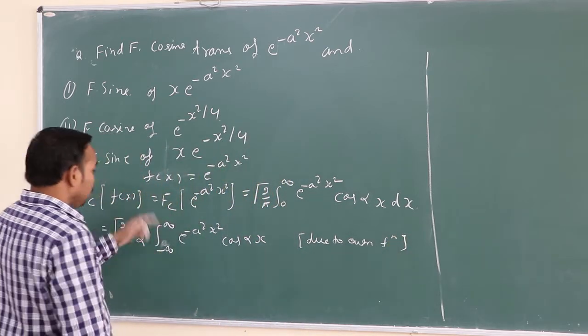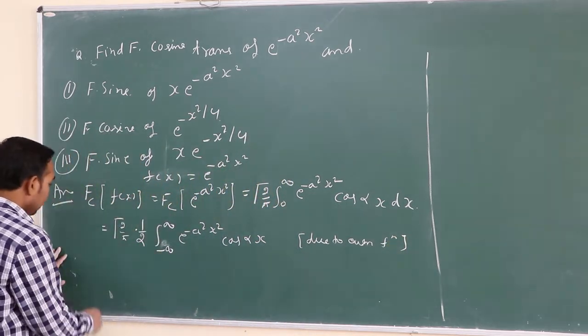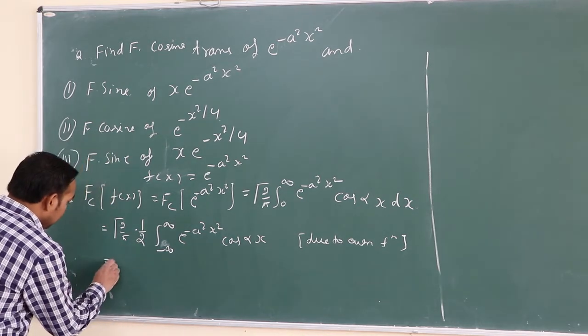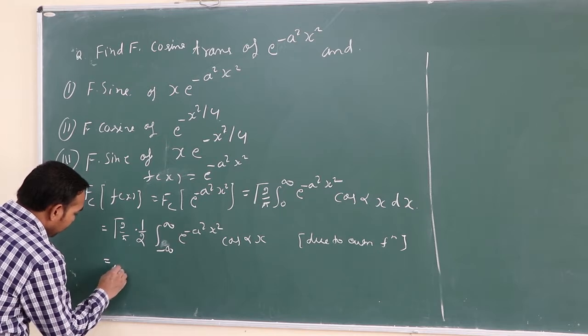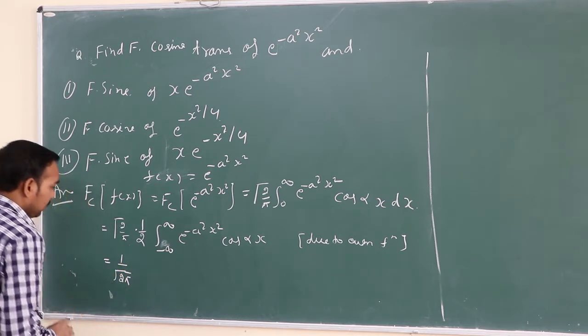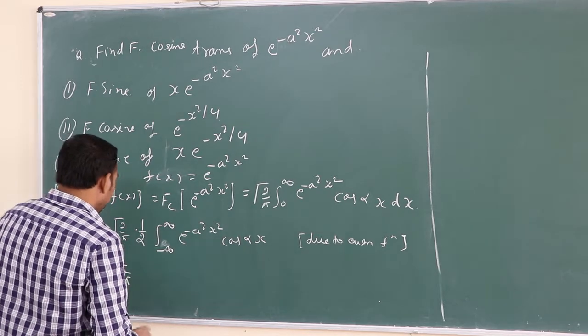So this can also be written as 1 upon under root 2 pi.